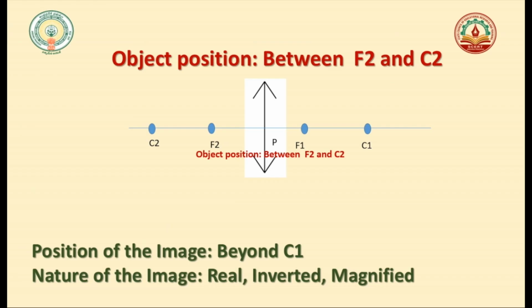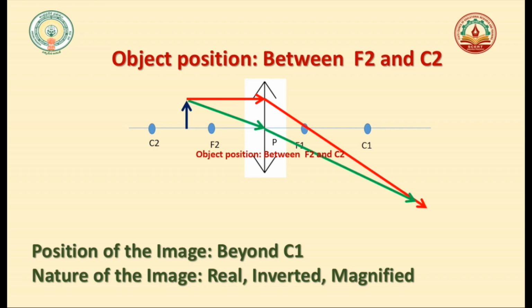Now I'm putting the object on the principal axis in various positions. After putting it in various positions, I am observing their respective image positions and also the nature of the image. Okay, now I kept the object between C2 and F2. Parallel to principal axis, after refraction through focus; through pole, undeviated.